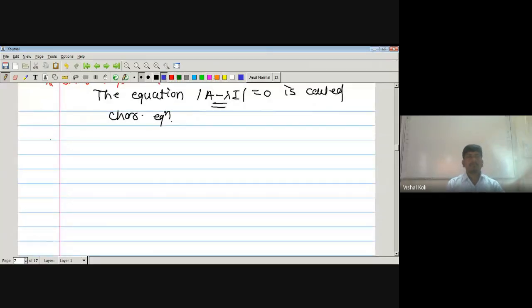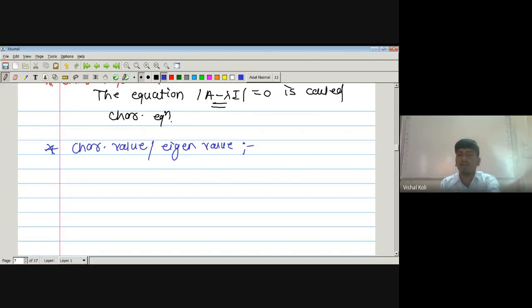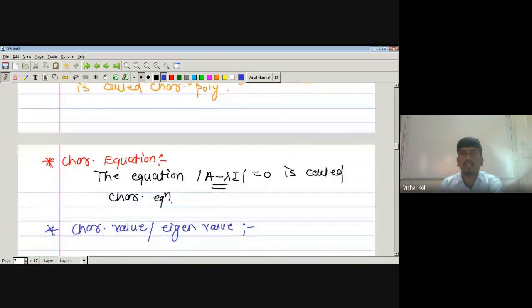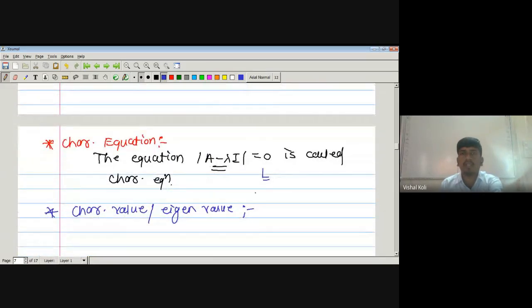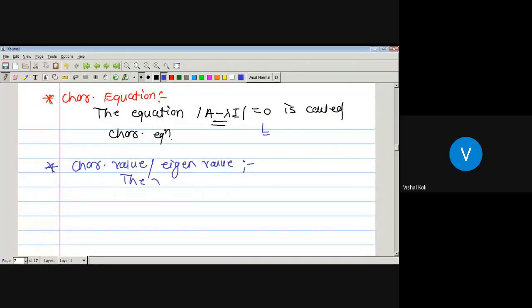Now, characteristic value or eigenvalue. As this equation is of degree n, since the given polynomial is of degree n and we have just equated it to 0, it becomes a characteristic equation. As it is a polynomial of degree n, it has n roots.